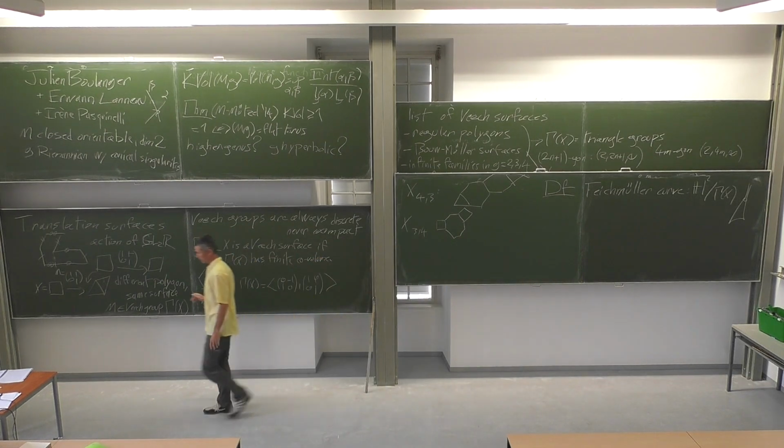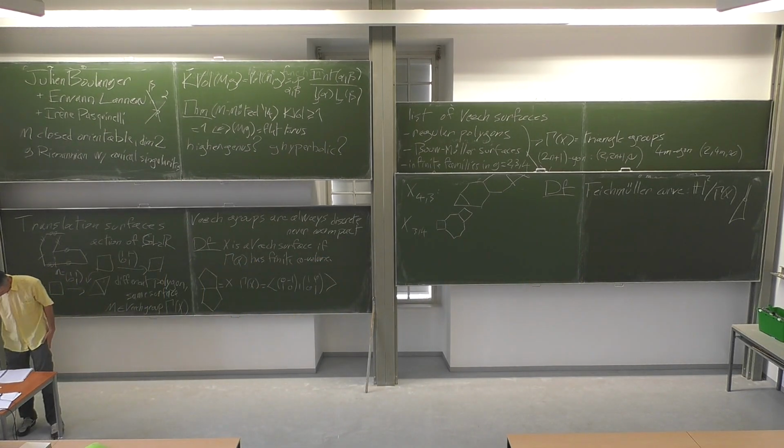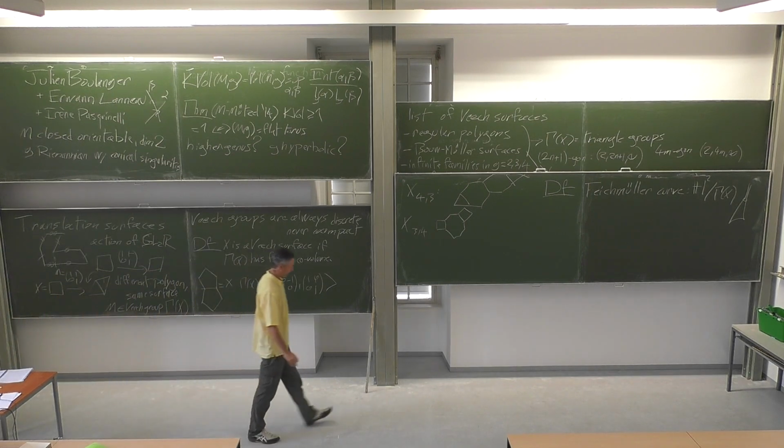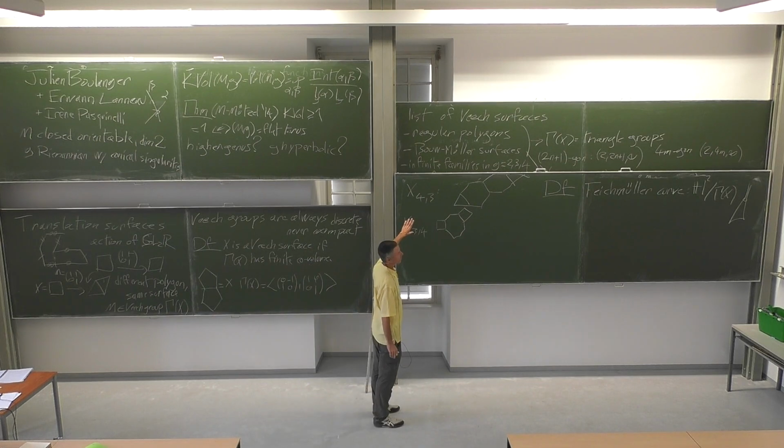And now I think I can almost state my result, not my results, but the results. Now, this was a crash course on Veech surfaces. Now I'm going to come back to computing my guy K-vol.